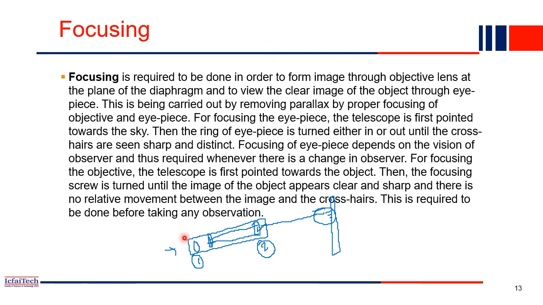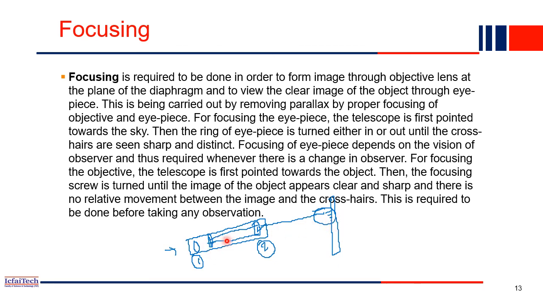Initially, we have to keep this instrument towards the sky. Sky means no object is sighted through the lens. From the eyepiece, first you check whether the crosshair is visible or not. By rotating the adjusting screw, first you make sure that the crosshair is visible from the eye end. Once the crosshair is visible, now you sight the exact staff where you want to take the measurement.